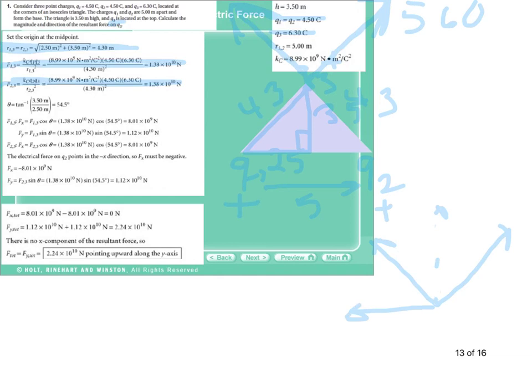One would go here and here, and the other one would go here and here. Or we can set them here and here and here. So now we would note that this x part here is identical to the x part here. So they're going to end up canceling each other out, and we're only going to end up with the y parts.